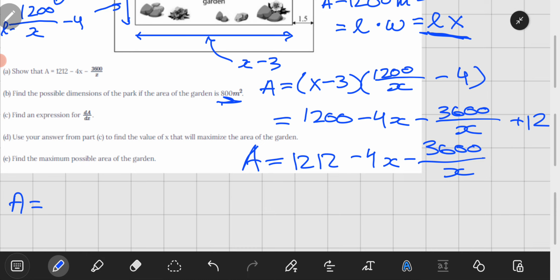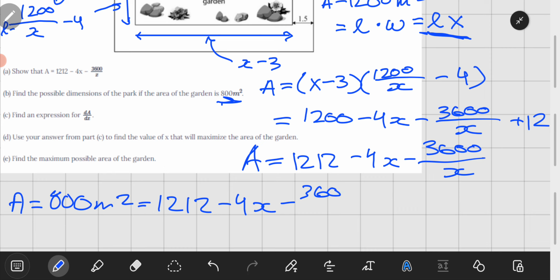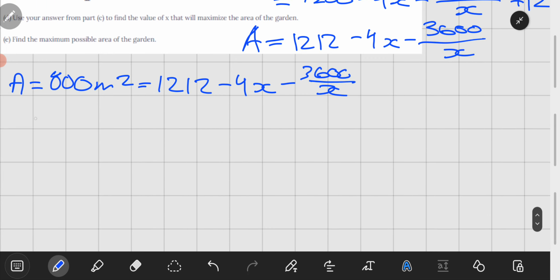So if we say that A, which is now equal to 800 meters squared, is equal to 1,212 minus 4x minus 3,600 over x. Subtract 1,212 from both sides.